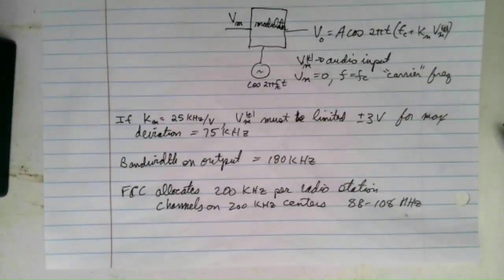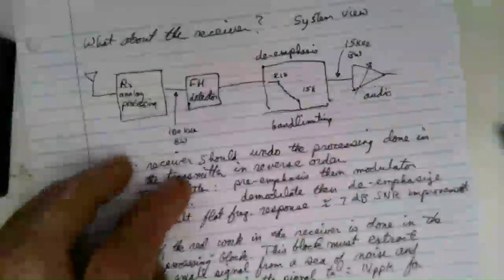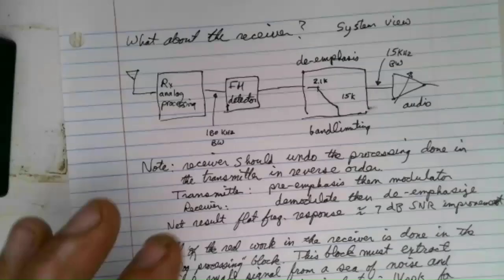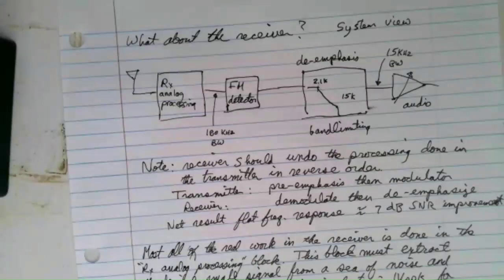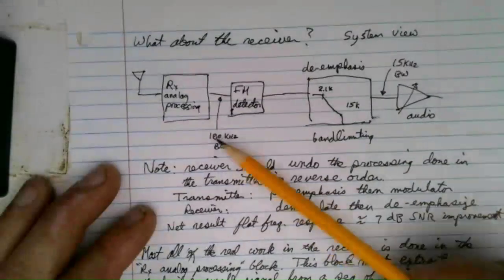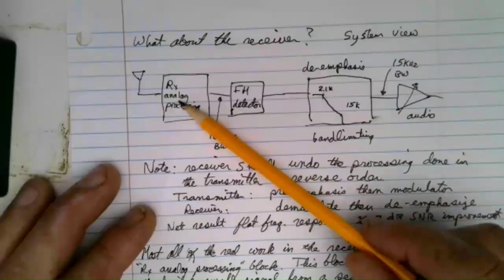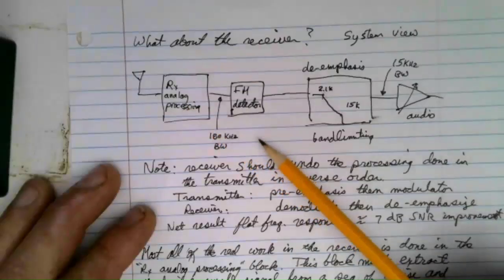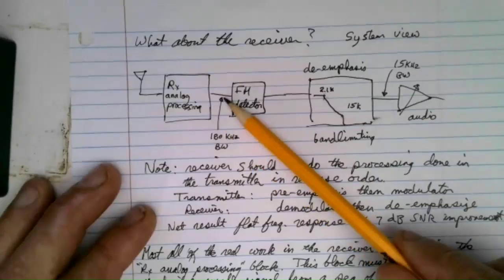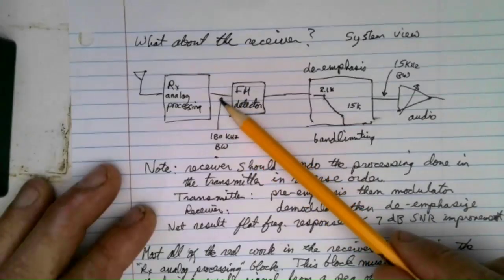Now, what about the receiver that picks that signal up and processes it? All right, what about the receiver? From a system view, we've got RX analog processing in this block. We have 180 kilohertz bandwidth here.